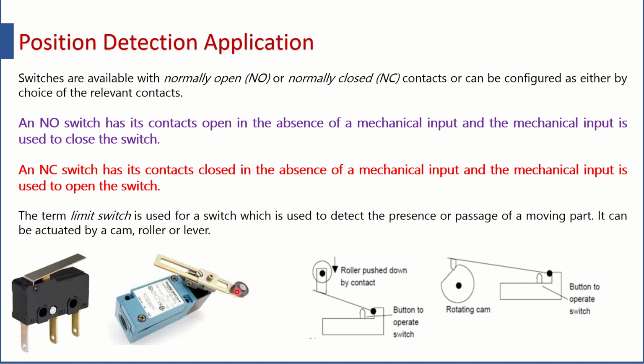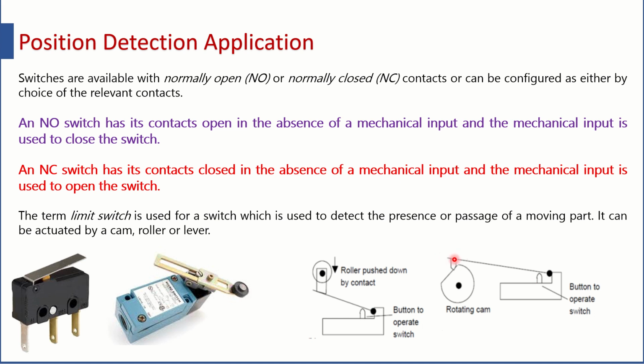There are several structures of the dogs. You can see a roller has been attached here for detecting some object which is perhaps in passing motion, and you need some passing objects to be detected with the help of a switch. The passing object may be on a conveyor, or on a roller system, whatever it is. This is a rotating cam arrangement, and there is actually a button.